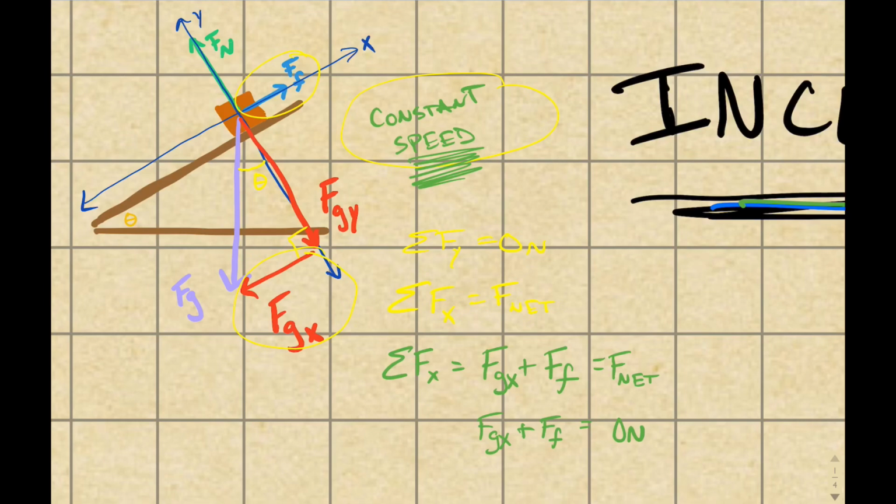So whatever the numbers are, if you're told what the force of friction is, then you know what FGX is. If you're not told what the force of friction is, then you can find the force of friction just by finding the FGX.